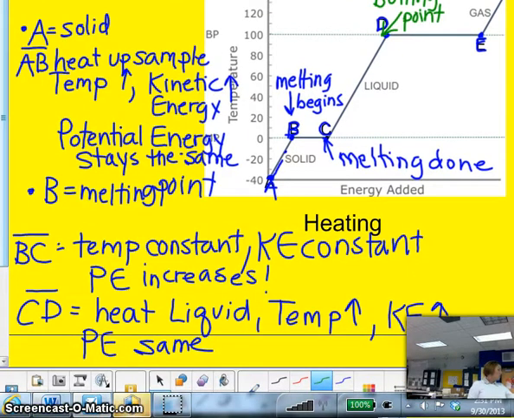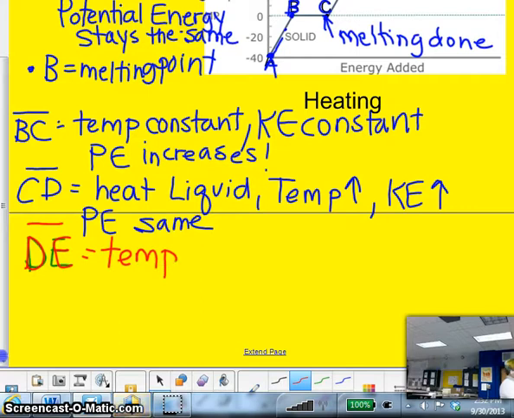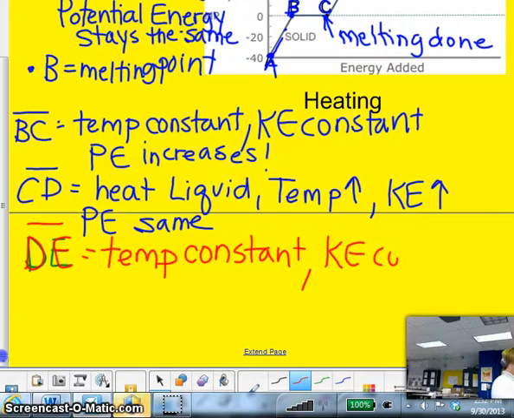Notice also from D to E, the temperature is constant while it's boiling. Therefore, the kinetic energy is constant. And all the energy that's being added is being stored.